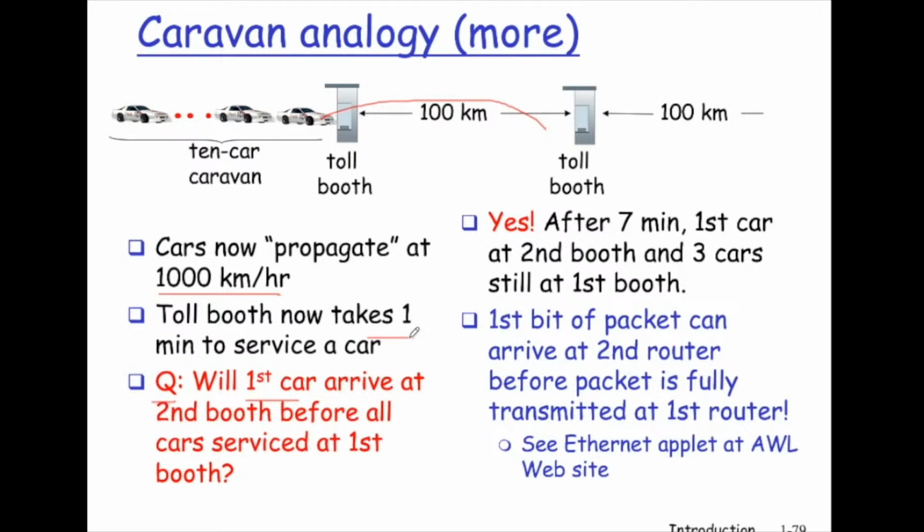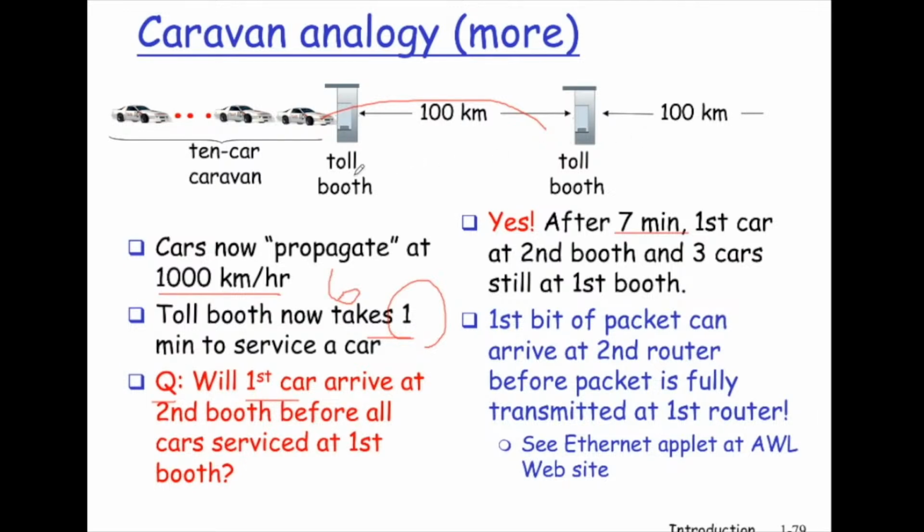So transmission delay, 1 minute. Propagation delay: we have 100 kilometers, but we're traveling 1,000 kilometers, so we'll be spending 1/10 of an hour propagating, and that's 6 minutes. Together, 7 minutes. So the first car will spend 7 minutes before arriving at the second toll booth.